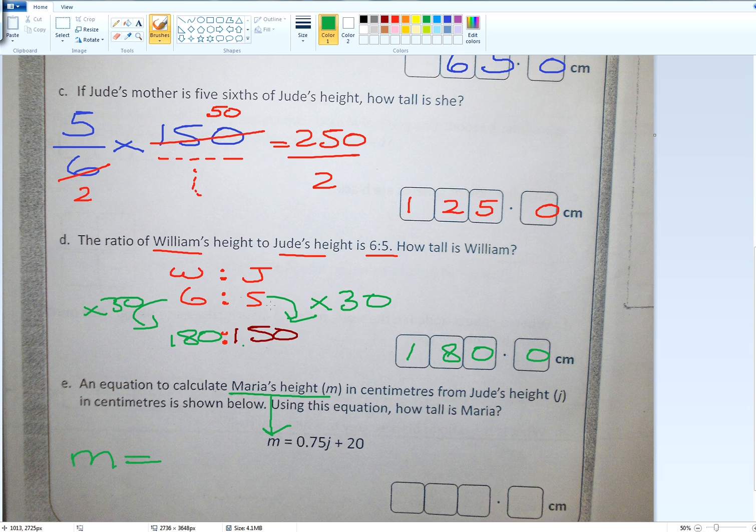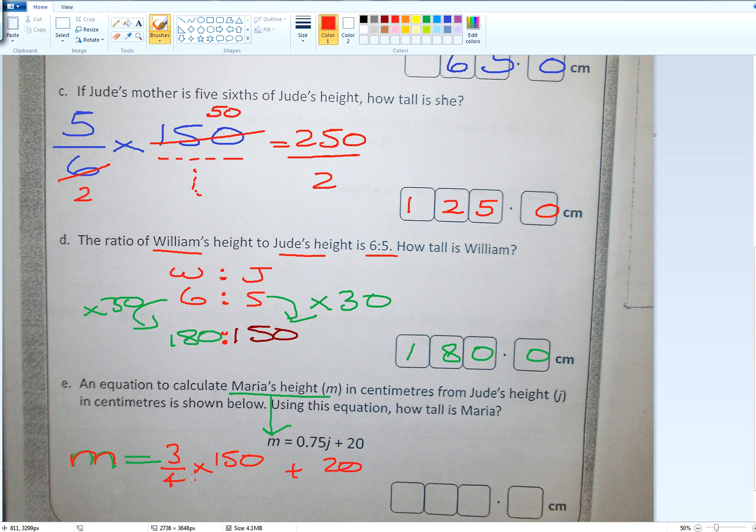M is equal to that. Okay, let's do it. M is equal to, what's 0.75? 0.75 is really 3/4, isn't it? So 3/4 times by Jude's height. What's Jude's height? 150, yeah? Plus the 20.